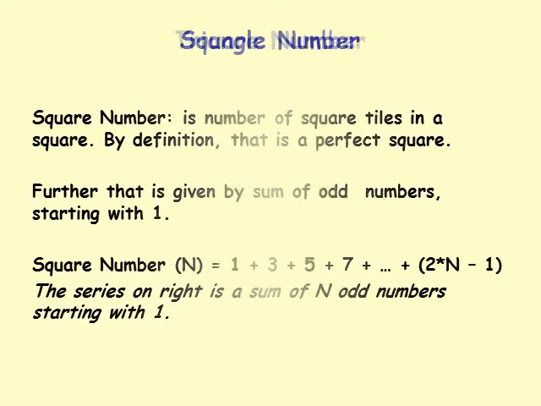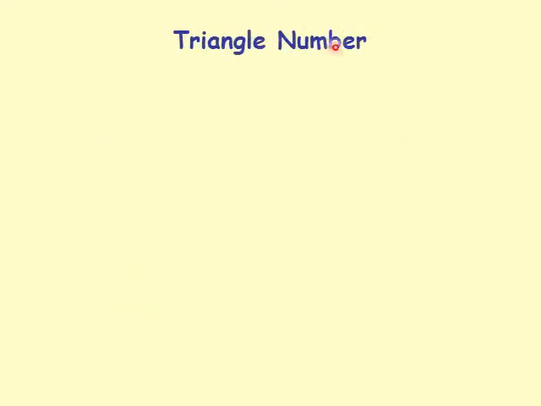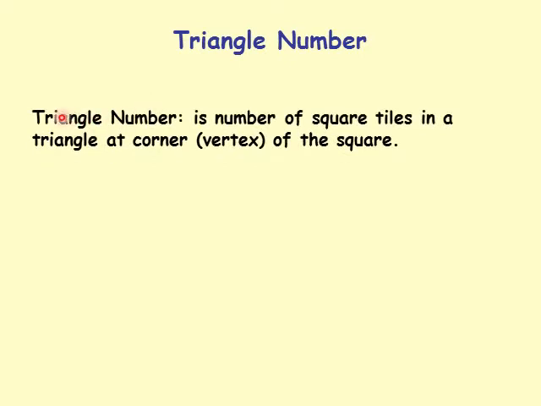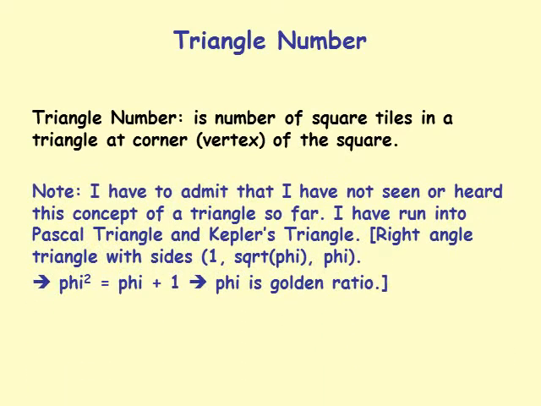Let's continue here. Triangle number: the book has a concept of a triangle number, which is the number of square tiles in a triangle at a corner, or vertex, of a square of tiles. Note that I have to admit I have not seen or heard of this concept of a triangle number before. I have run into the Pascal triangle and the Kepler triangle.